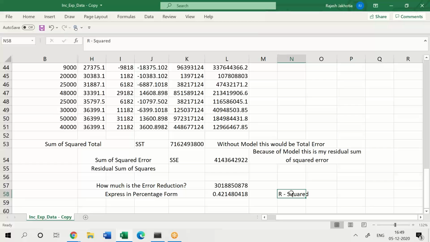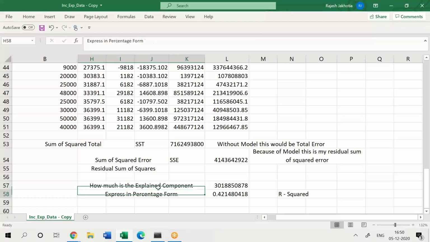So we have just calculated the R squared. Rather than saying how much is the error reduction here, I'll rephrase this statement now: how much is the explained component.